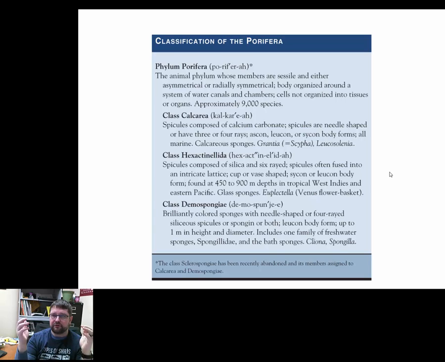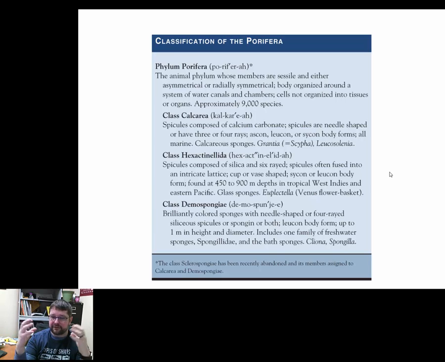Okay, Demospongiae is what most people think of when they think of sponges. It has that flexibility. Most people have used true bath sponges, or used them maybe to paint walls and make designs, this kind of stuff. Those sponges were once living organisms, and what's left is the skeleton, which is typically made out of spongin.